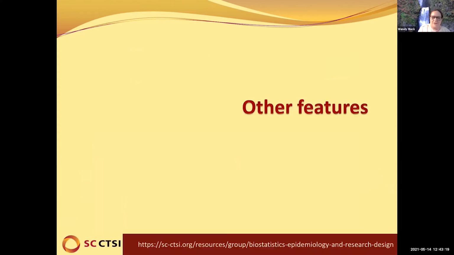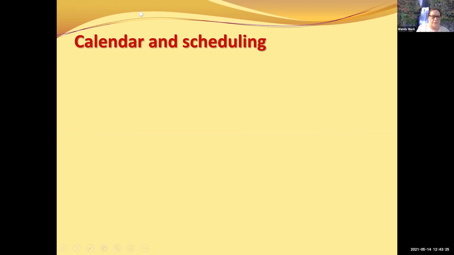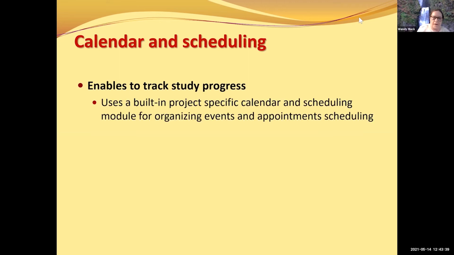So other features that we haven't talked about at all are calendars and scheduling. You might have seen that on the left-hand side of the screen, there are some options for calendars and scheduling. It enables you to track study progress.